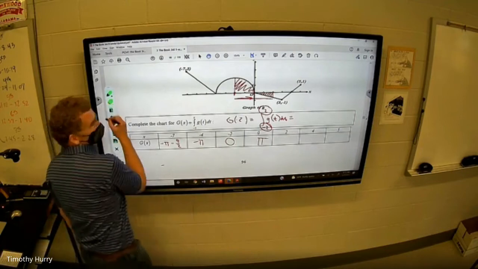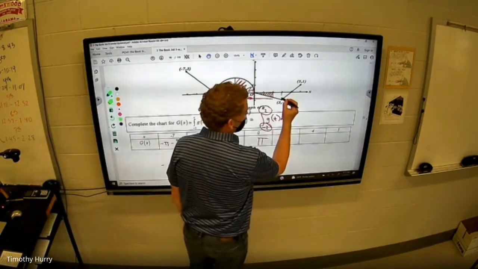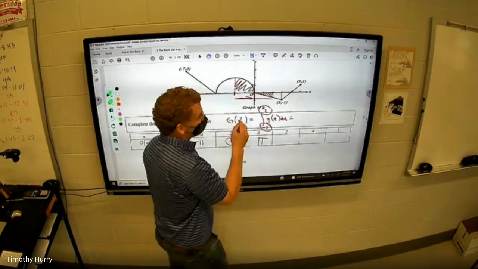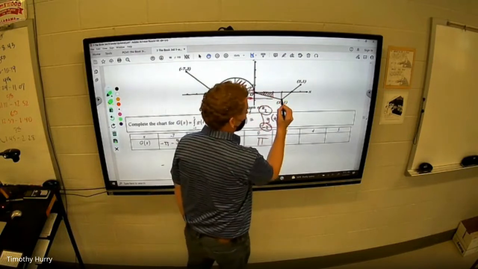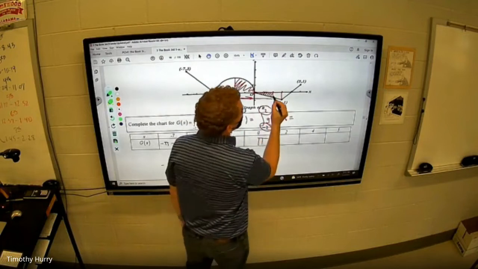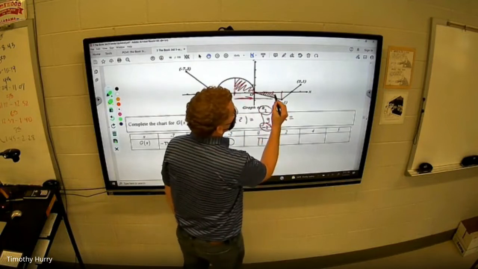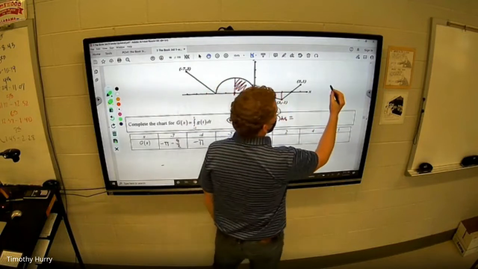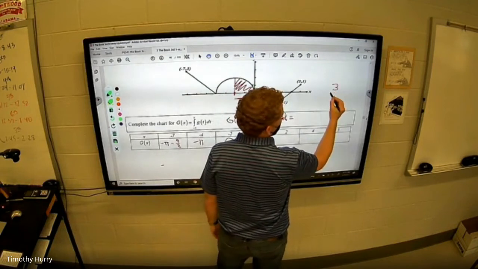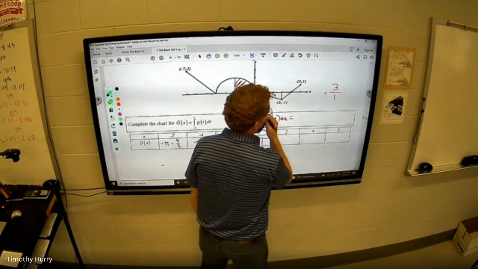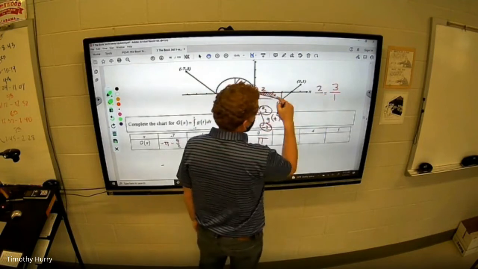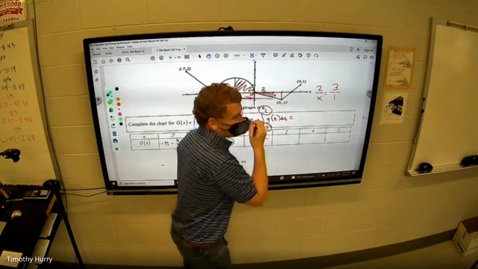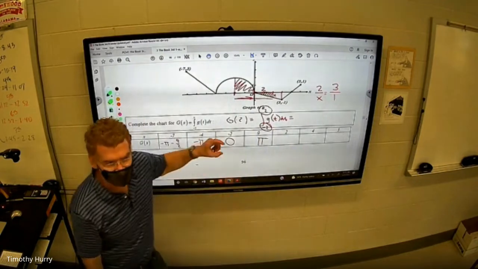And here's a perfect example of this in practice. You know that that triangle is similar to that triangle. So if I want to know that height, I can say, well, the big one had a big length of 3, small length of 1. The small one has a big length of 2, small length of x. And you can solve for x and find that height.